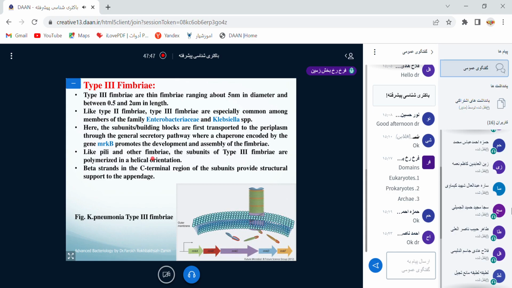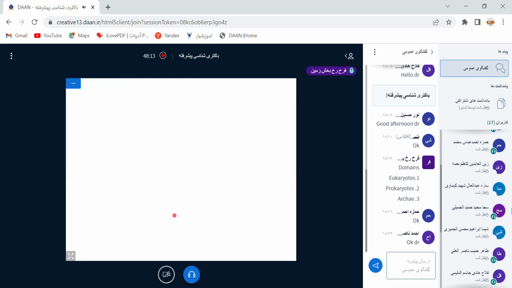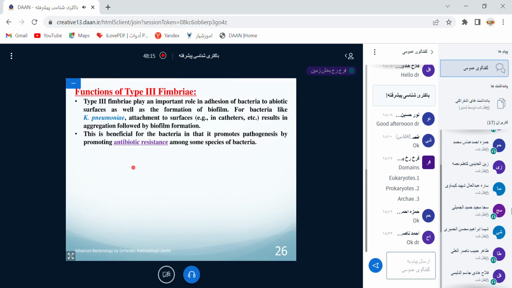Like pili and other fimbria, the subunits of type 3 fimbria are polymerized in a helical orientation. Beta strands in the C-terminal region of the subunits provide structural support to the appendage. Klebsiella pneumoniae type 3 fimbria, you can see in this image. Functions of type 3 fimbria.